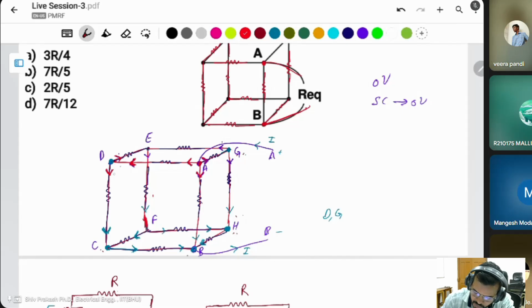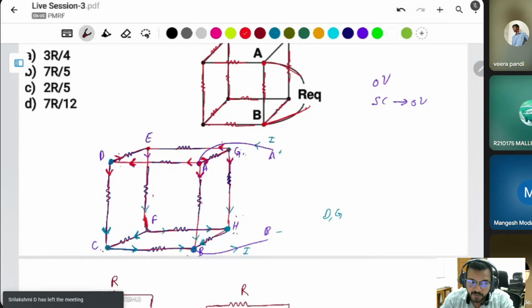Incoming current is divided into two. Same thing at the G terminal: current flows to the G terminal and is divided into two parts. Then after this all meet at a single point E, one current. That's why this voltage drop and this voltage drop have the same potential.